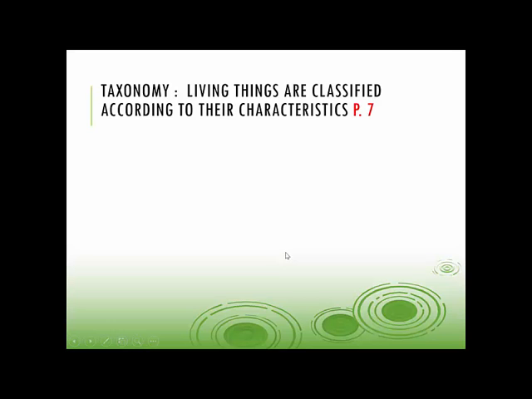So living things are now classified according to their characteristics. Okay? So when we're talking about that, there are 5 kingdoms. The monerans, the protists, the fungi, the plants, and the animals.